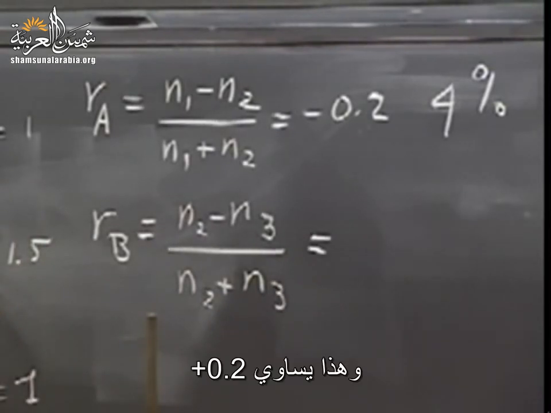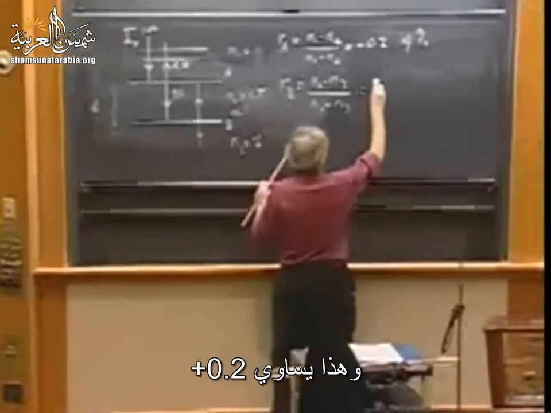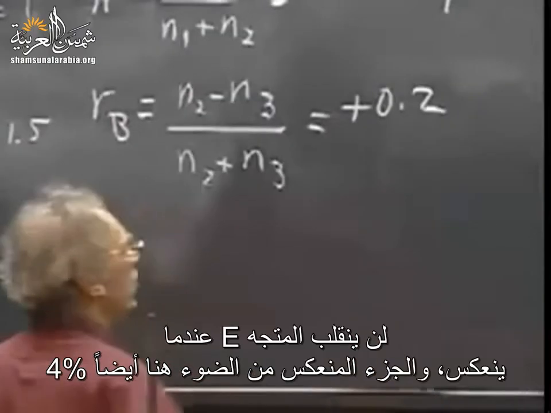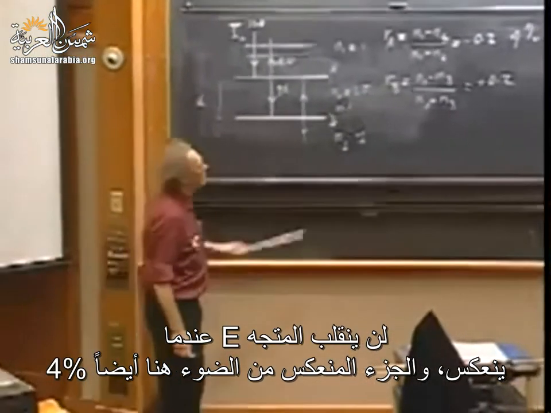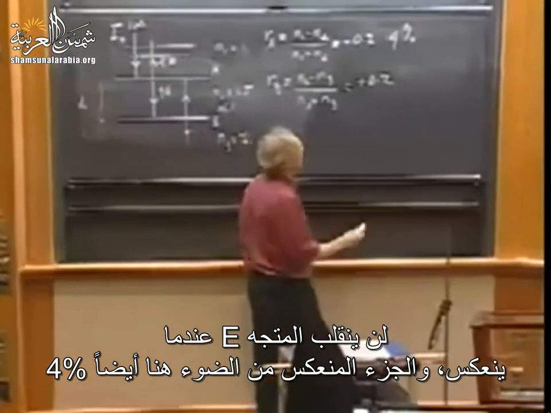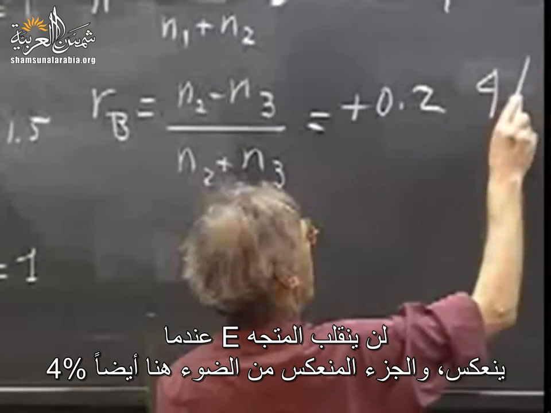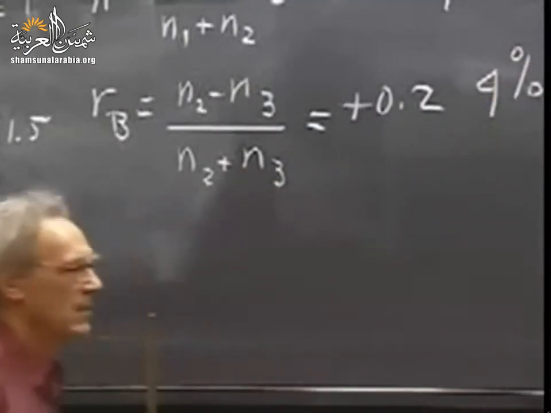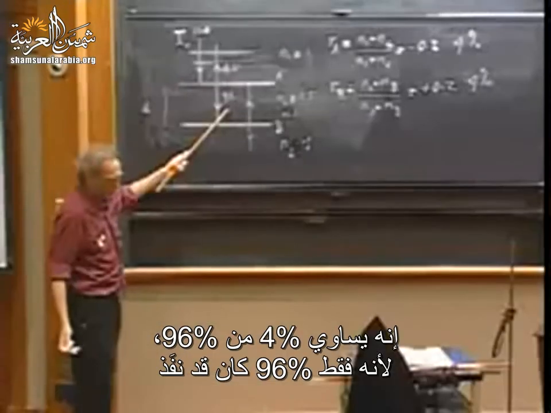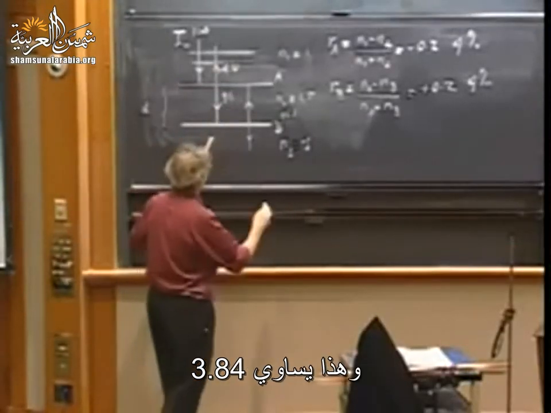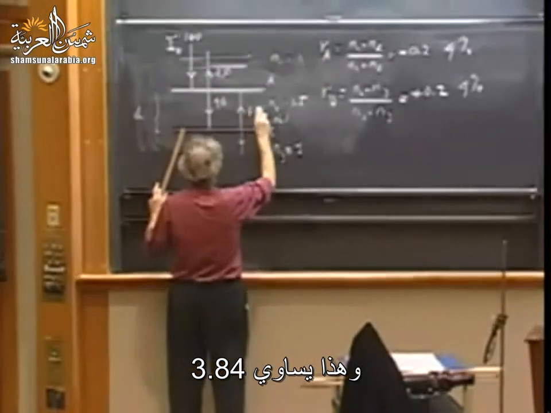This is N3, and so that is plus 0.2. So there is no flip in the E vector as it returns. And the fraction of the light that is reflected is again 4%. However, it is 4% of the 96%, because only 96% go through. And 4% of 96% is 3.84.